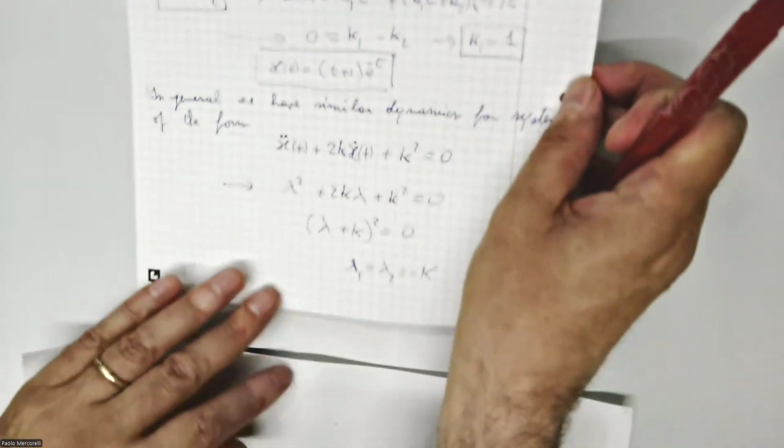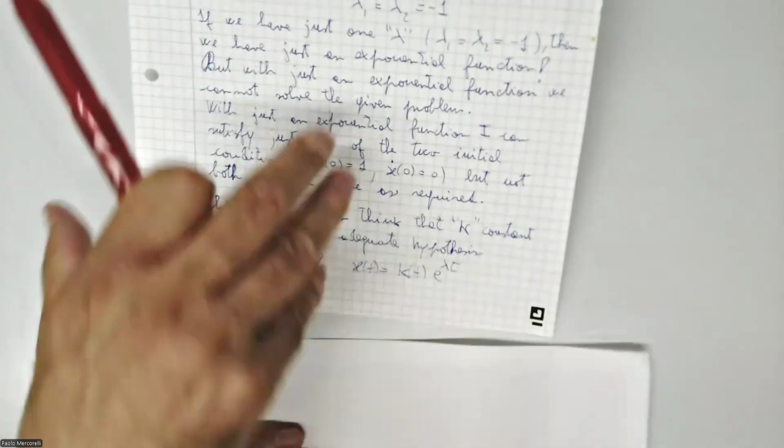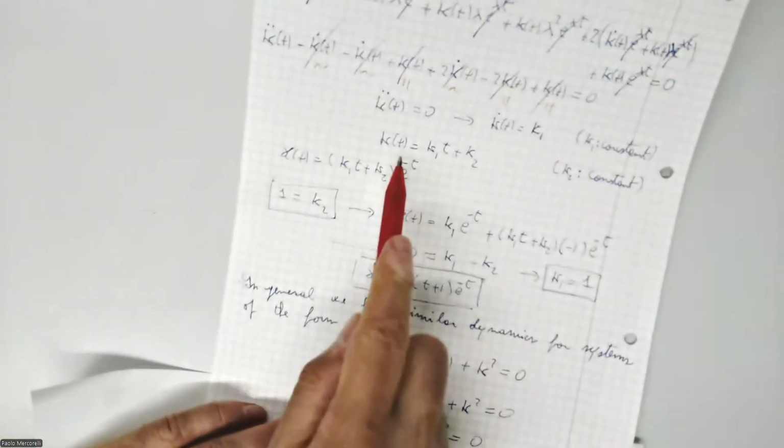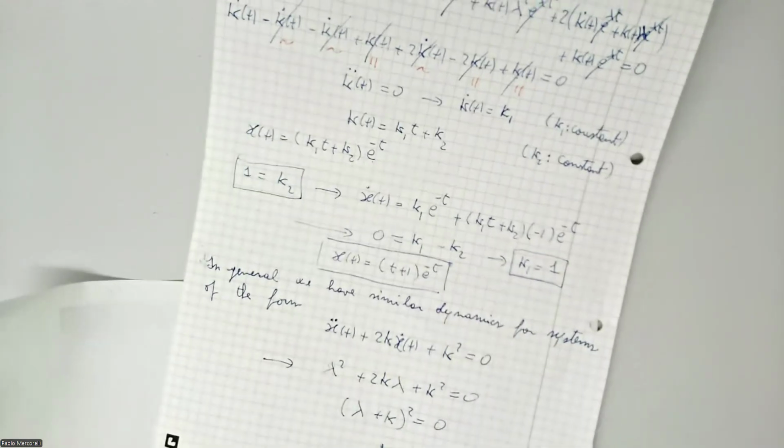This means with the assumption that x of t equals k of t multiplied by the exponential function of lambda t, we have exactly this solution here. Why is k1 constant not a conservative assumption? Excuse me, I'm looking for the place now. I lost it. Let me go ahead.